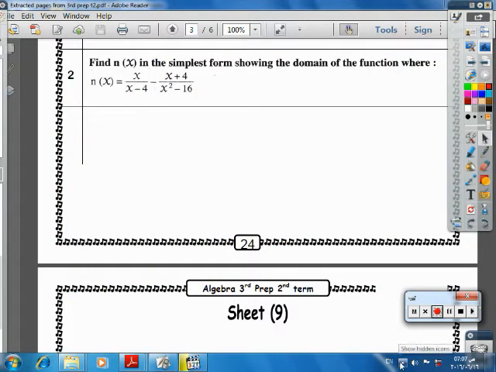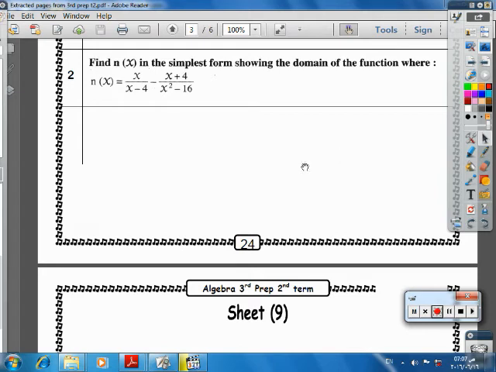Okay, now we turn off the student book and open the sheet, page 24, exercise 2. Find n(x) in the simplest form, showing the domain of the function, where n(x) equals x over (x minus 4) minus (x plus 4) over (x power 2 minus 16). Okay.